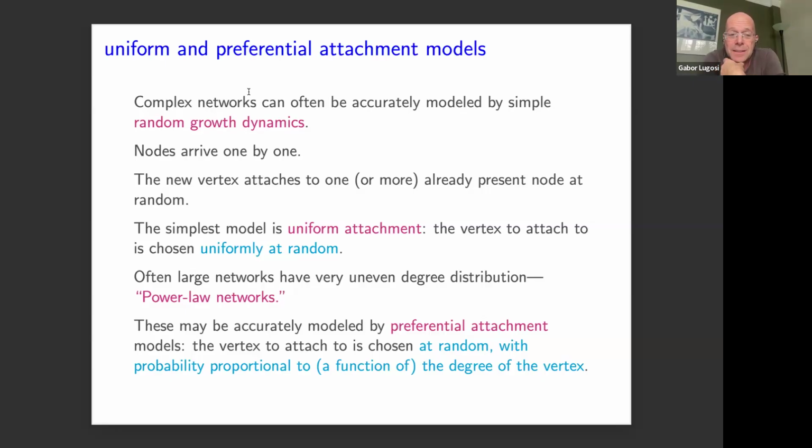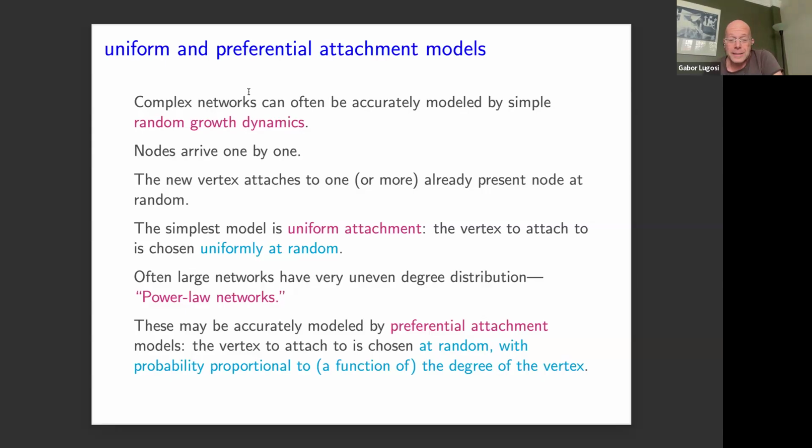In these models, the nodes, the vertices of this network, arrive one by one, and every time a new vertex arrives, it will choose, according to some randomized rule, a node or several nodes to attach to. This is how a new agent comes to a social network: he or she chooses some vertices to attach to, and that's how the agent joins the network.